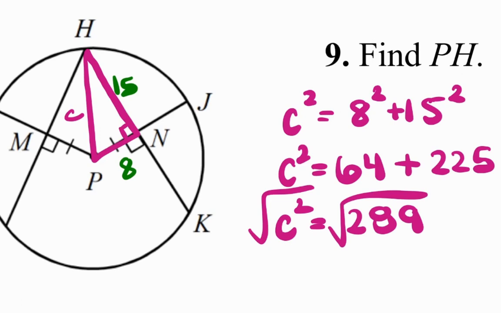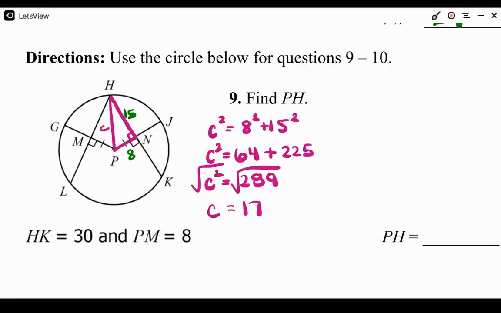Okay, and then take the square root of both sides. So we get C is equal to 17. So if C is 17, that means that PH is also 17.